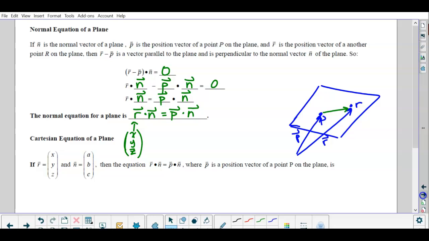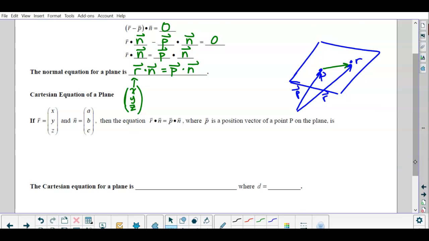So that's sort of giving you every point. And so if you know the normal and a point on the plane, you can come up with the position vector of that and, by taking the dot product, get the Cartesian equation. So we really don't end up leaving it in that form that often. We use that to come up with our Cartesian equation. Okay.